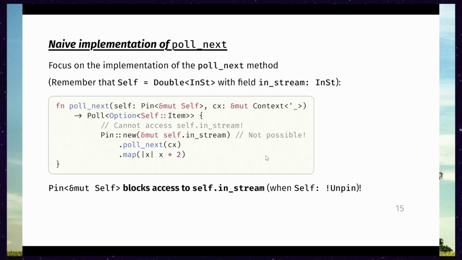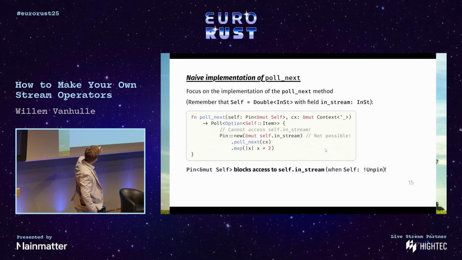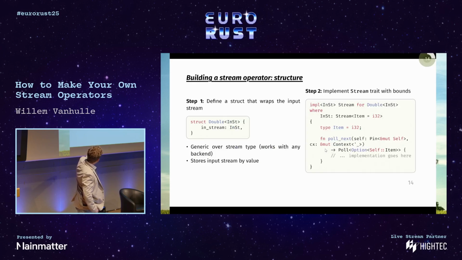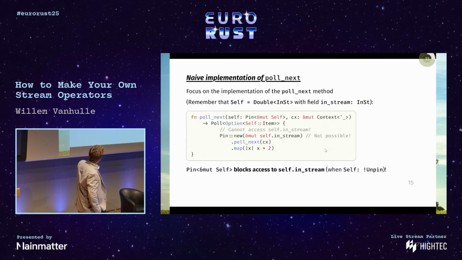But the problem is you can't do that just like that, because there is a Pin around self. Inside the trait of a stream, the method that is required, the poll_next method, the first argument self is of type Pin<&mut Self>. And this Pin is protecting the fields of the thing it is wrapping. So we can't just execute this code. This code is not going to compile.